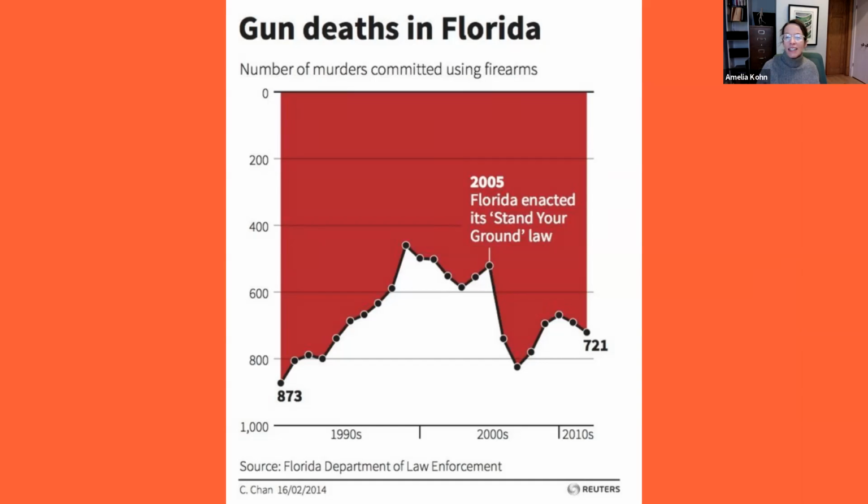So at first glance, it looks like gun deaths are on the decline in Florida, but at closer look, you see that the y-axis is upside down, and gun deaths actually increase. As gun deaths increase, the line slopes downward. So that's really a huge problem and very deceptive. So you guys are excellent.